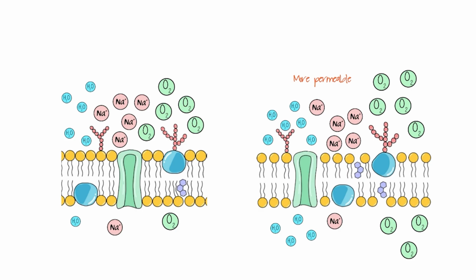So besides the external factors and the properties of the molecules themselves, membrane fluidity also greatly influences the rate of diffusion across a membrane. Two other major factors that influence the rate of diffusion are the surface area to volume ratio and the diffusion distance, and both of these will be discussed in the next lesson.